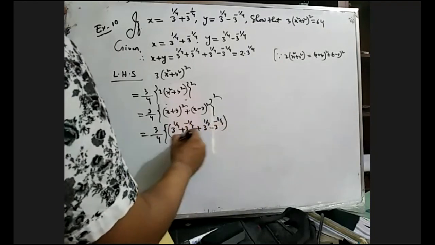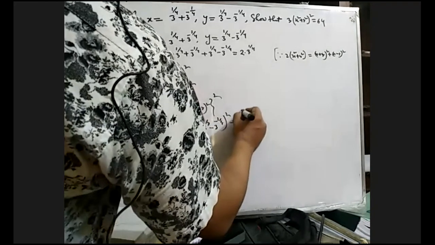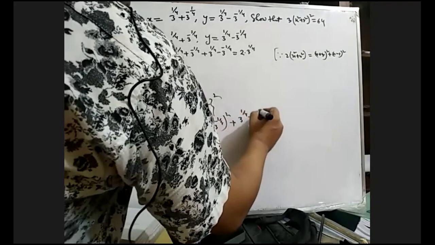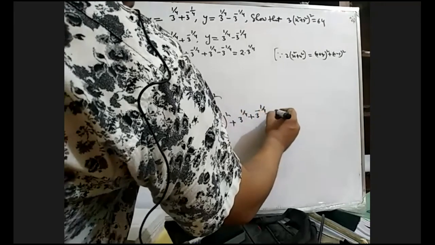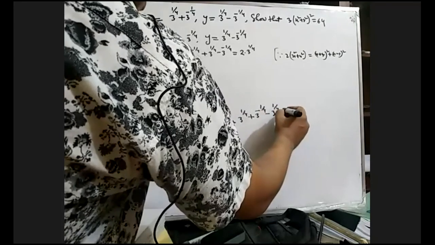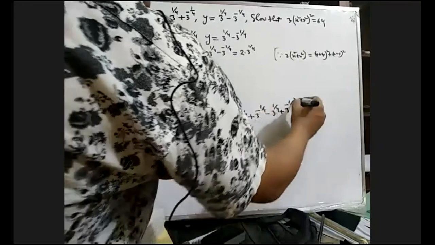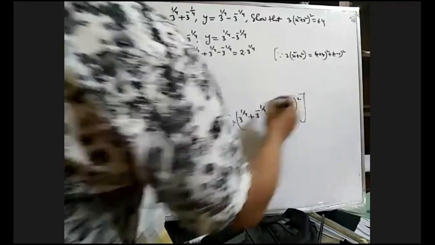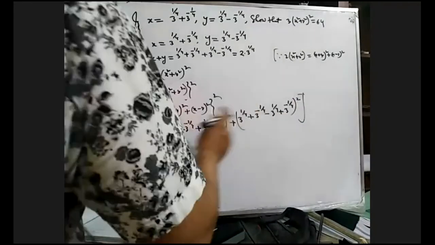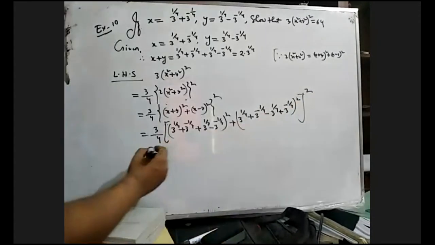This is whole square, plus (3 to the power 1 by 4 plus 3 to the power minus 1 by 4) minus (3 to the power 1 by 4 minus 3 to the power minus 1 by 4) whole square, and the second bracket whole square. Okay.